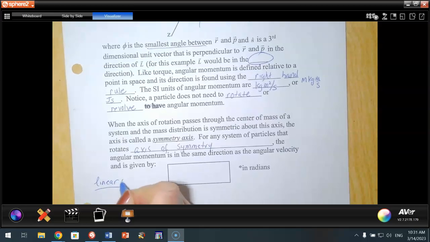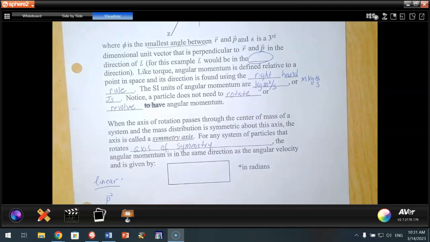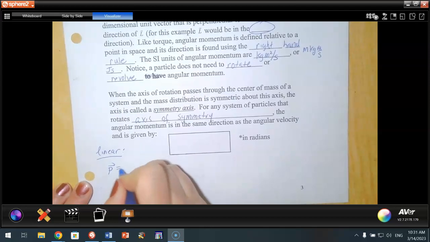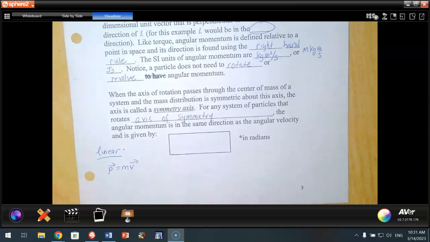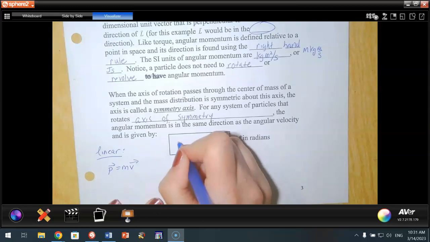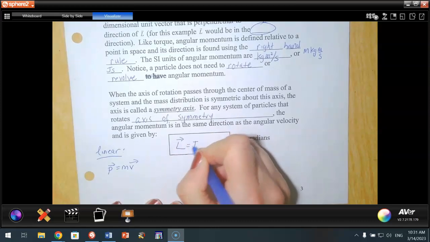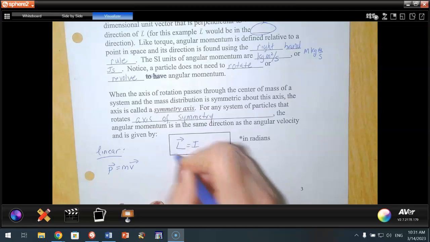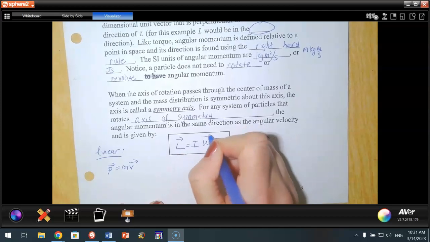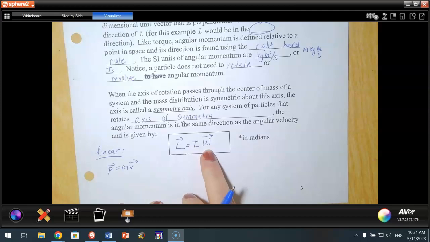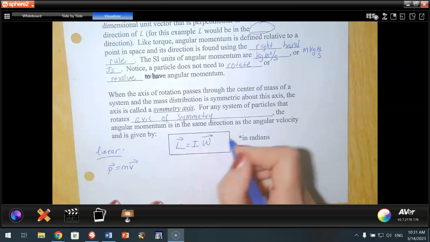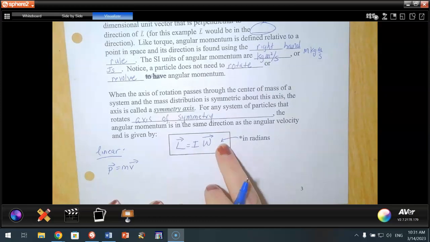Back when we did linear momentum, we said linear momentum was mass times velocity. So instead of P, we now have this capital L for angular momentum. Instead of M, we use I. Again, this is from last chapter. And instead of V, we use omega. And omega is actually a vector too, using the right-hand rule, which I'll teach you later. This does have to be in radians. It's one of those little baby 3 formulas. So the omega in here has to be in radians.